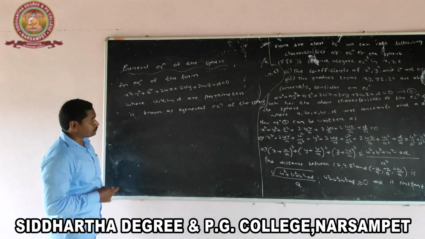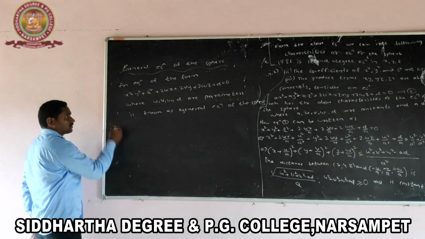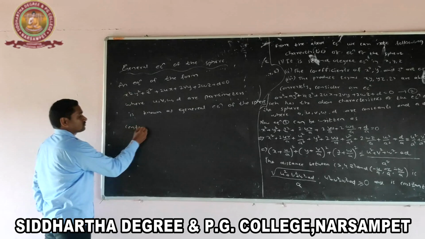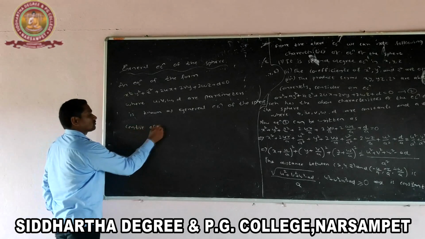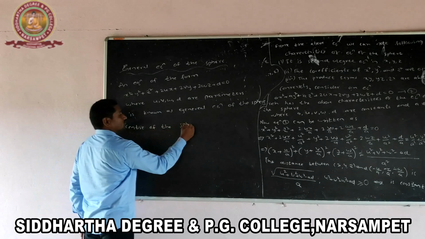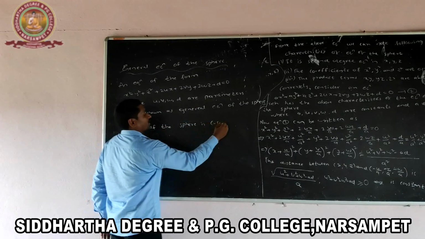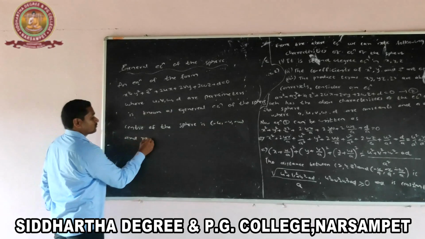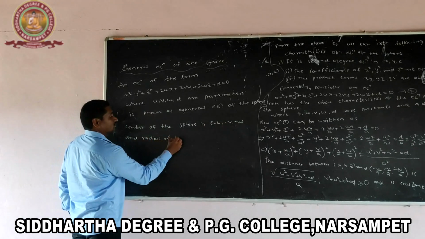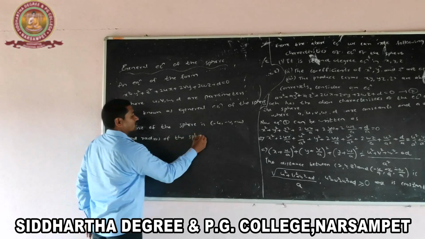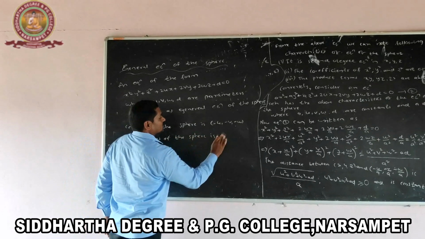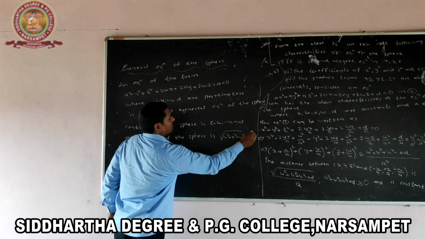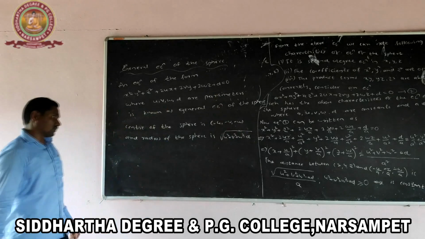And also here, the center of the sphere is minus u, minus v, minus w, and the radius of the sphere is the square root of u square plus v square plus w square minus d, right?